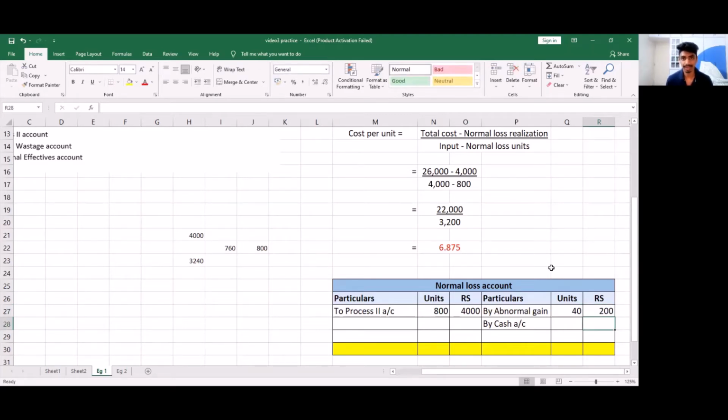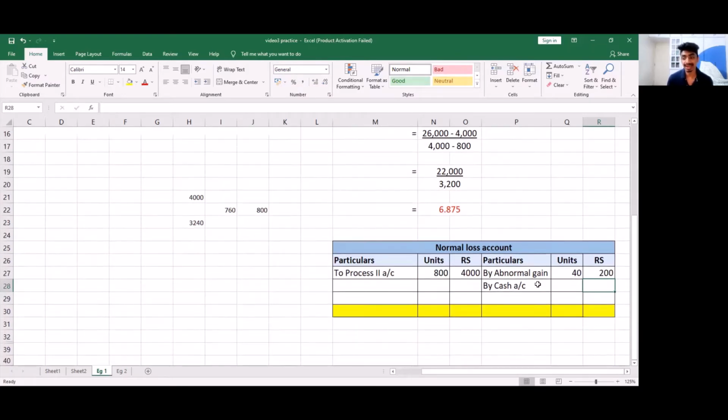We expected to get it, but we are not going to get it as this is not scrap. Now the remaining 760 is the actual scrap for which we are going to realize some money value or cash. So here I'm going to write 760, and the amount is going to be 760 into 5, 3,800. Now we're going to tally this account.